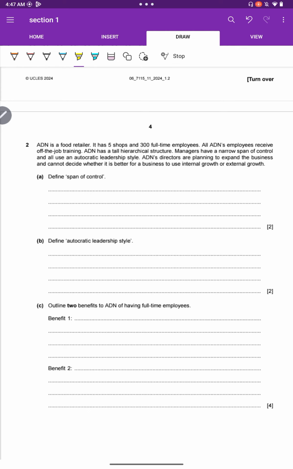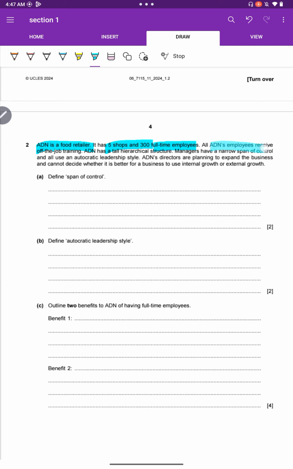Okay, so we have this case study. A&D is a food retailer. It has 5 shops and 300 full-time employees.